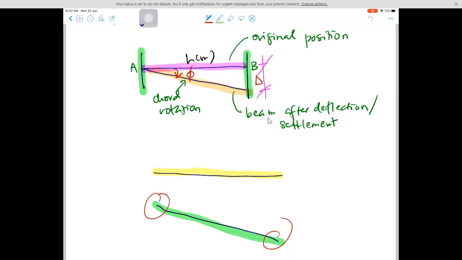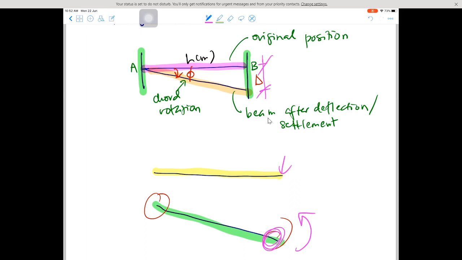At this point, to move back, we have to apply moment in this direction.